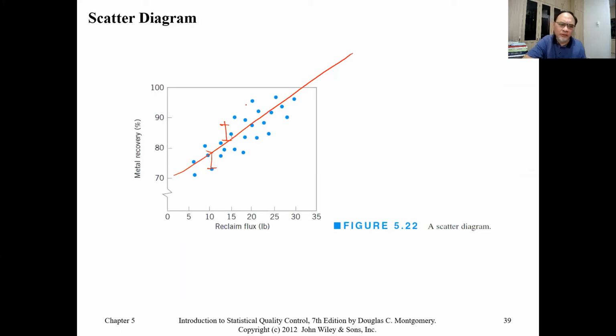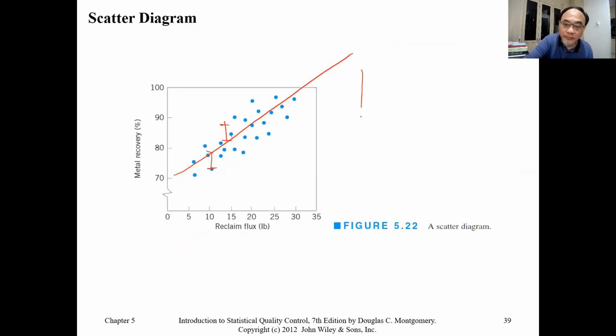Or you can see classic examples seen in many books. For example, the negative correlation between the fuel miles per gallon that you actually get and the speed of the vehicle or the car. Okay, it's a negative correlation.